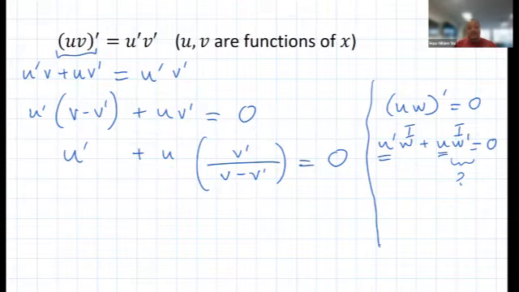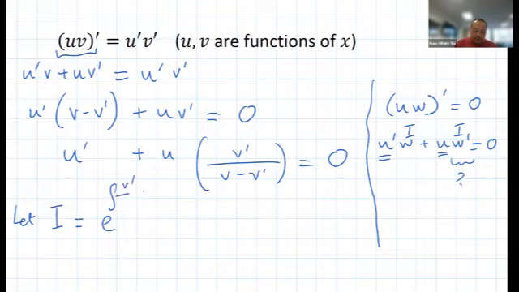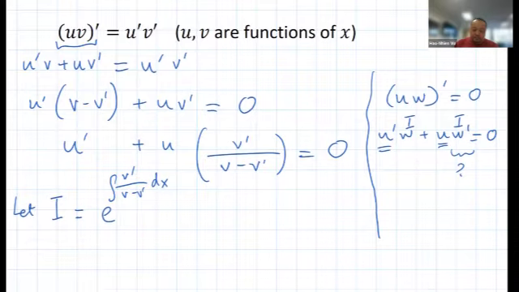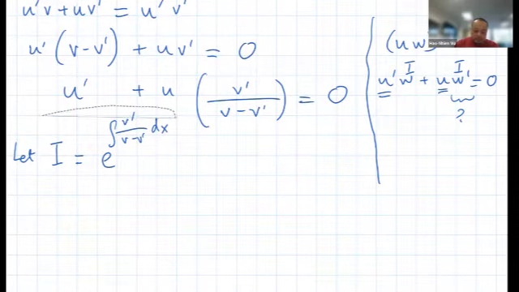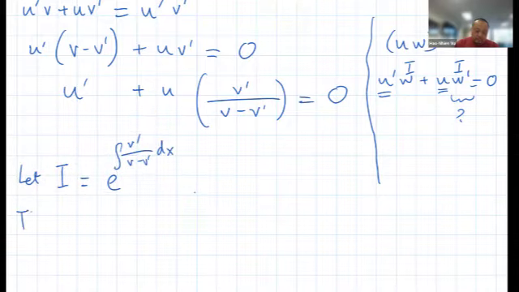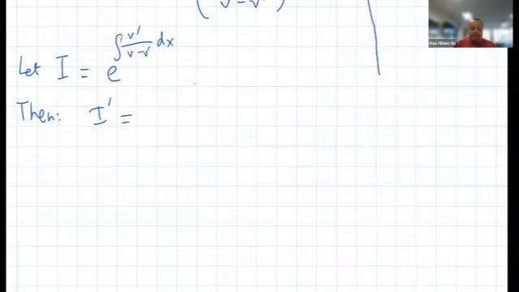But what it consists of is to find that integrating factor I and multiplying both sides. And the formula for I is standard. I'm going to let I be equal to e to the power of the integral of this, so e to the power of the integral of v prime over v minus v prime dx. And let's see what happens. The derivative of I will be, well, derivative of e to the power is e to the power.